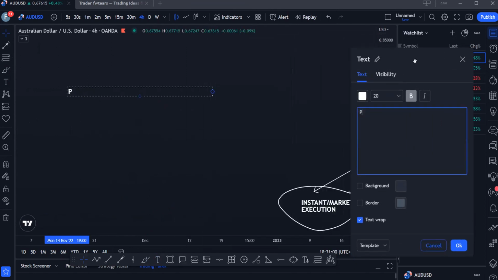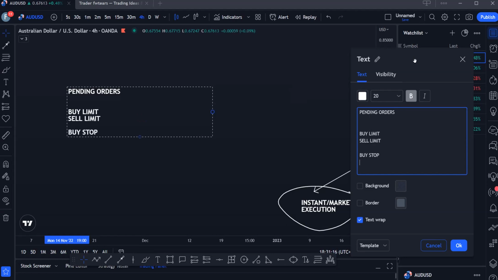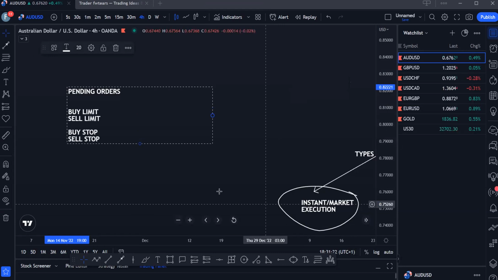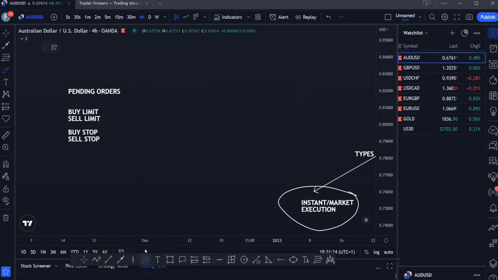For pending orders, you have the buy limit, the sell limit, the buy stop, and the sell stop. These are the four major ones. There are other ones, but these are the four that you'll be using.